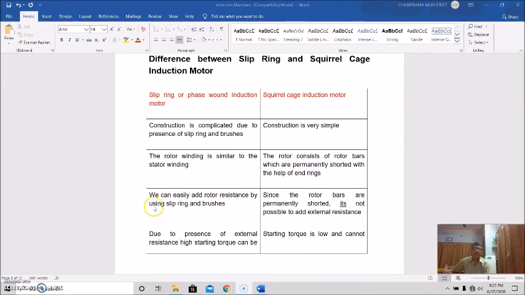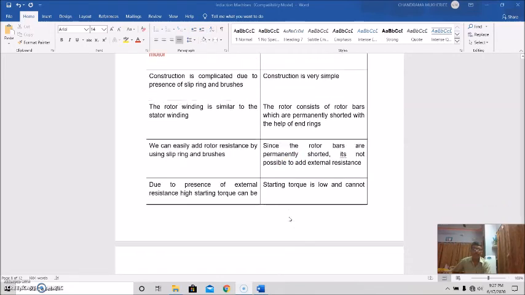In a wound rotor, we can easily add rotor resistance by using slip rings and brushes, but there is no such provision in a squirrel cage induction motor, where the rotor bars are permanently shorted and it is not possible to add external resistance.